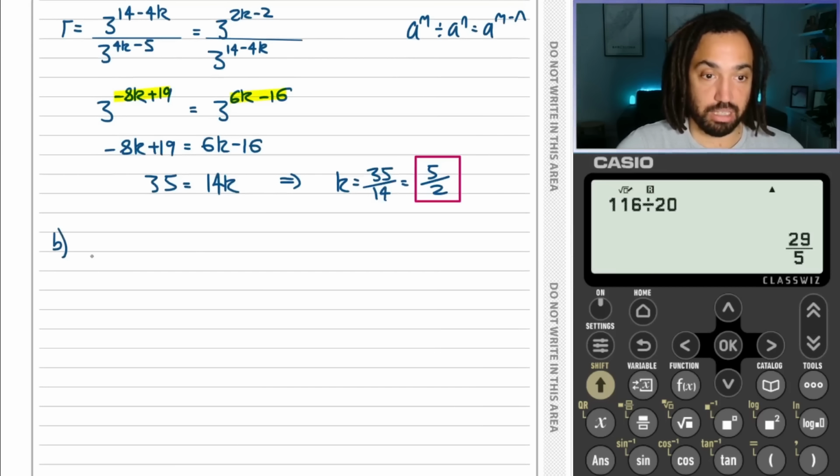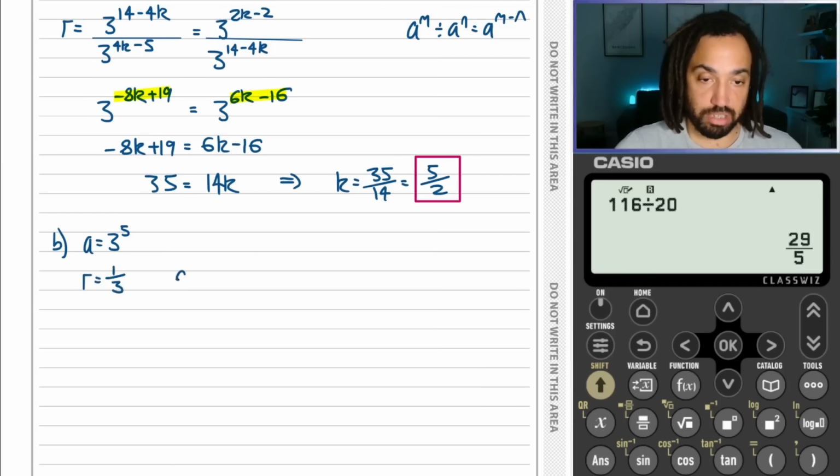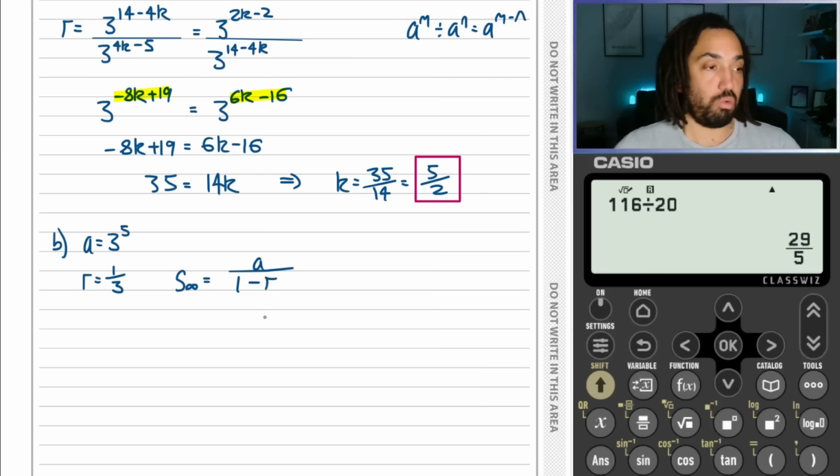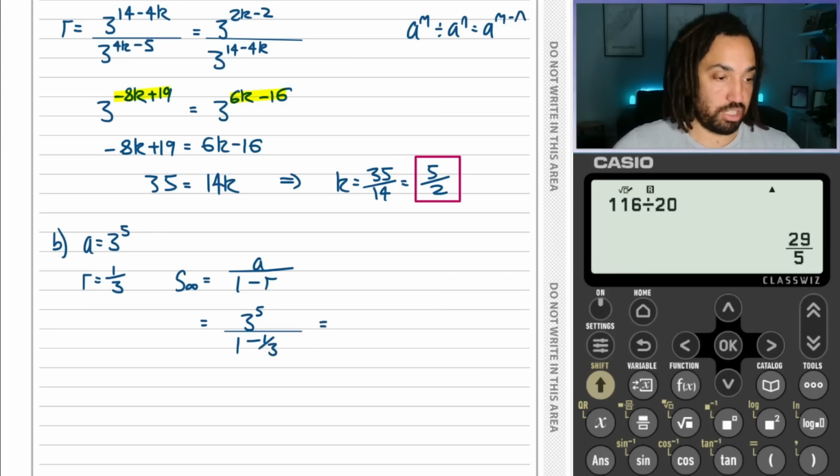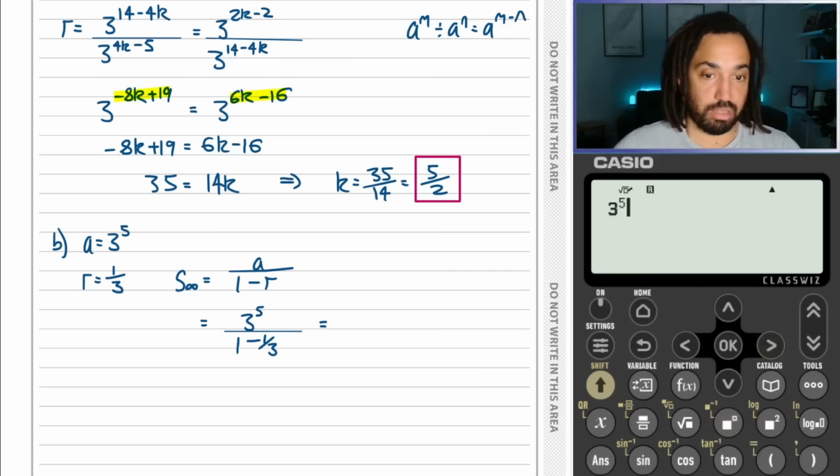So part B, the first term was 3 to the power of 5, and the common ratio was 1/3. The sum to infinity formula is A over 1 minus R. So this will be 3 to the 5 over 1 minus a third, which is going to give us, calculator can help us out here, 3 to the 5, and then divided by 1 minus a third is 2/3.